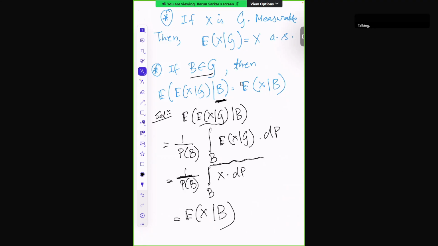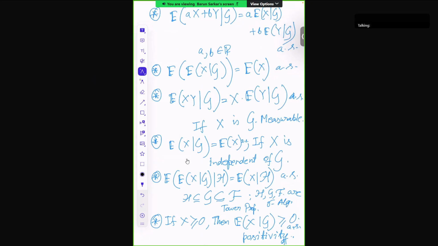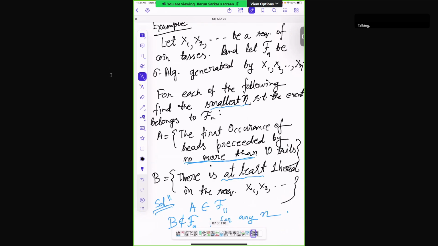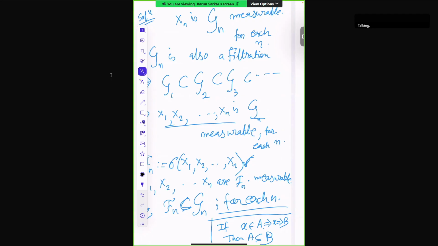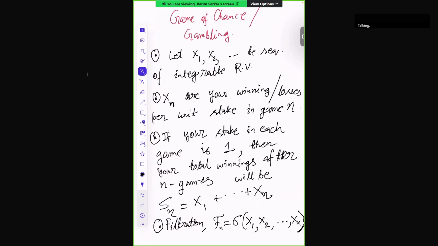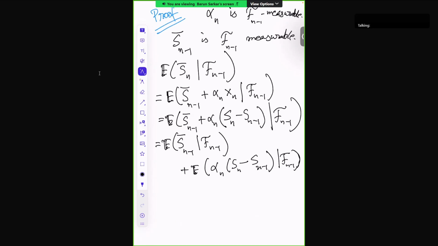So this is the first property, and here is the third property. That is what we will do now. So if Sn bar is this measurable, this will be Sn minus 1 bar, correct?